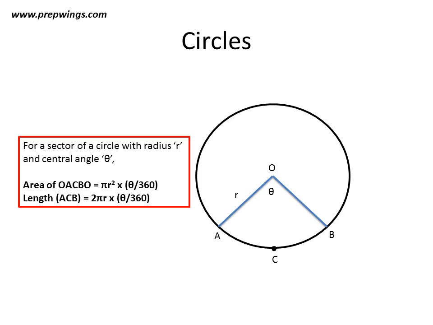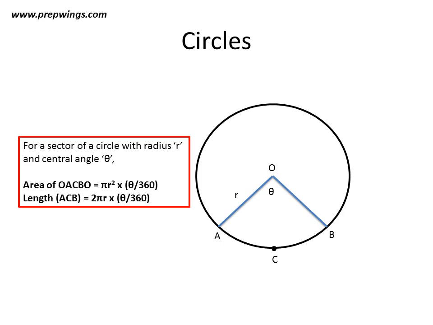Now we will look at the area of a sector and the length of arc in a sector. So over here, a sector with central angle theta is shown. That means angle AOB is theta, and the radius of the circle is r. So the area of sector OACBO, which is the minor sector over here with central angle theta, is given by pi r square into theta by 360.